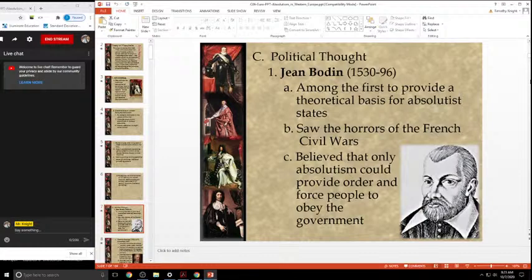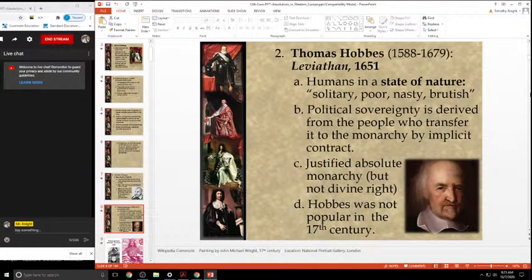He had witnessed the horrors of the French Civil Wars, the wars against the French Huguenots, for example, the War of the Three Henries. And he believed that only absolutism could provide order and force people to obey the government. All right, Jean Bodin, basically saying absolutism is necessary if we don't want political chaos breaking apart across Europe.